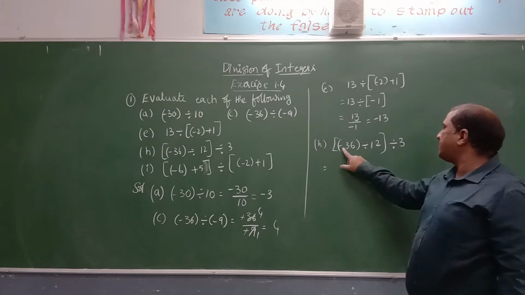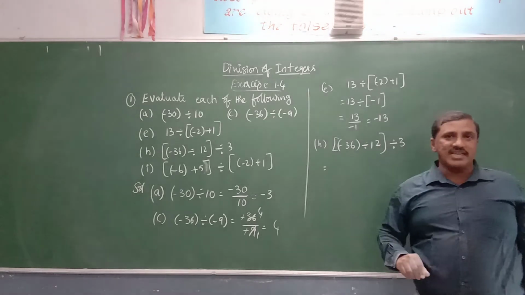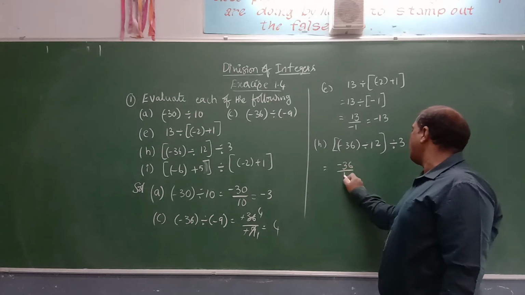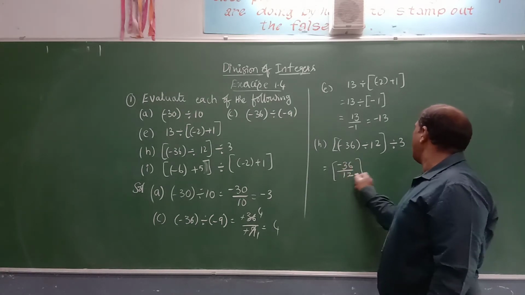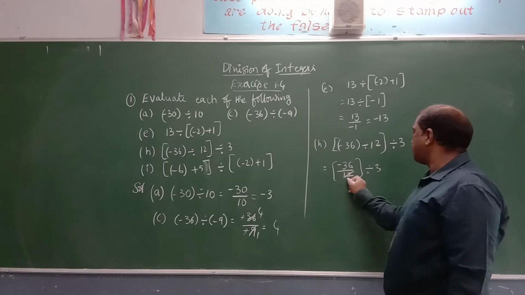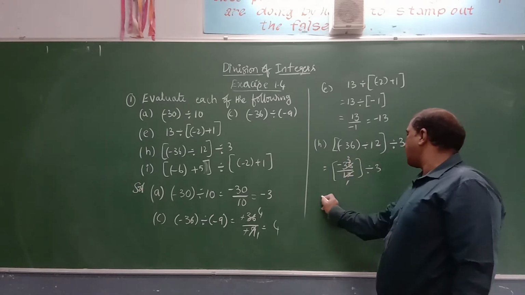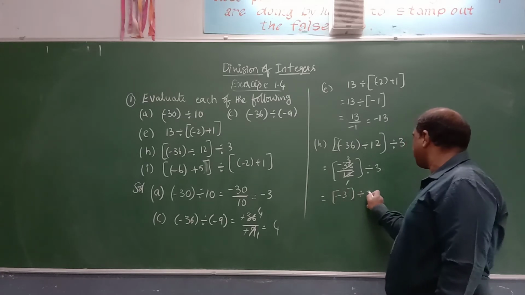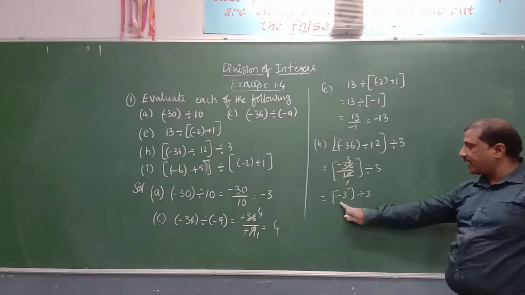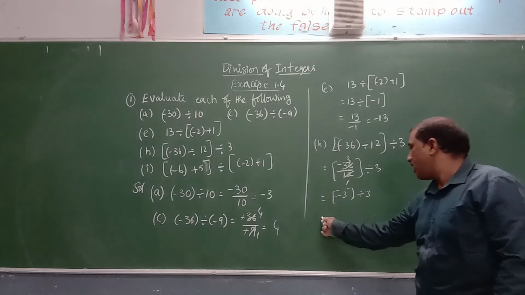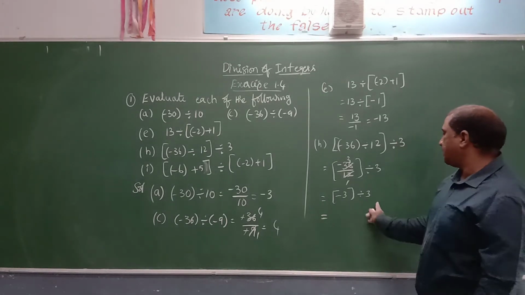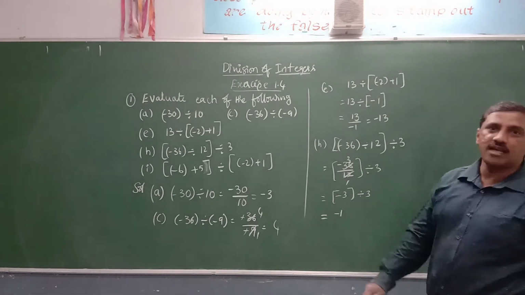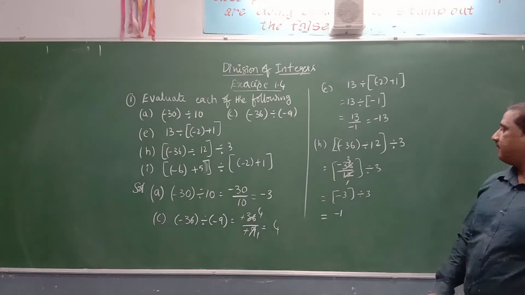Divide minus 36 by 12. 12 threes are 36, and we always get a minus sign. So minus 3 is divided by 3, a negative integer by a positive integer. Ignore the signs and divide the numbers. 3 divided by 3 is 1, and put the negative sign. That is minus 1.